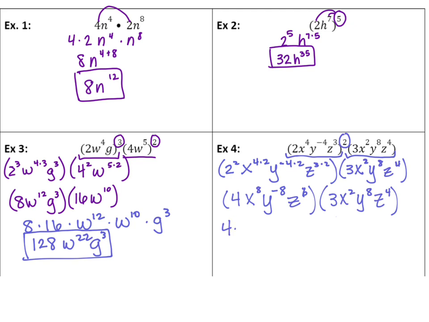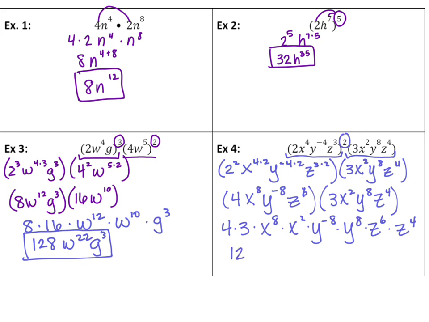So we'll have 4 times 3 times x to the 8th times x squared times y to the negative 8th times y to the 8th times z to the 6th times z to the 4th. Okay, now let's go ahead and multiply them out.